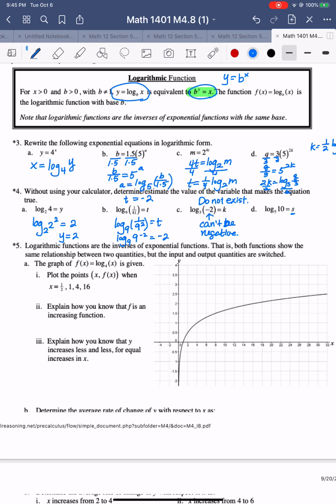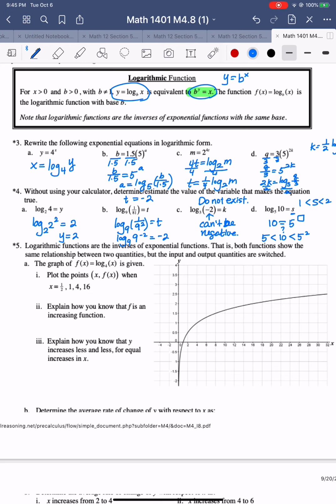The problem is we cannot make the 10 into 5 to some power. I don't think it's easy, but we can kind of guess. Because 10 is between 5 squared and 5, we know that s is between 1 and 2.